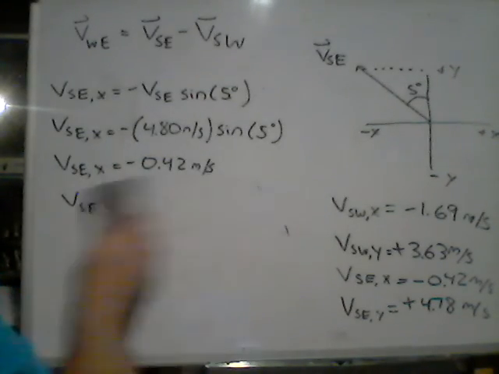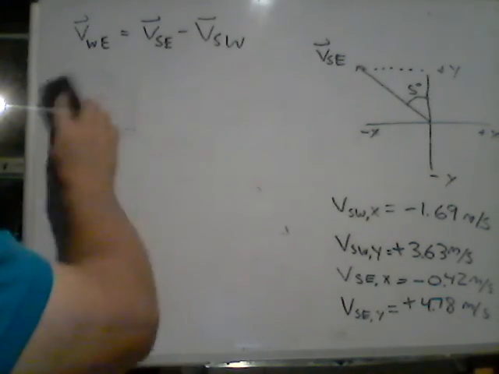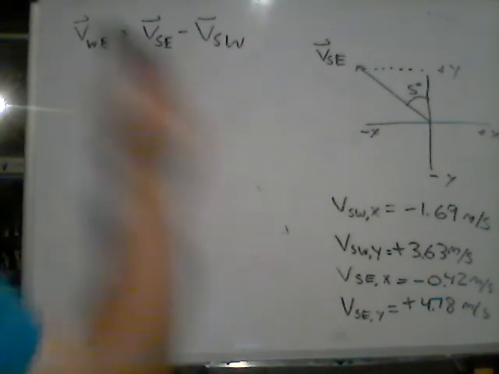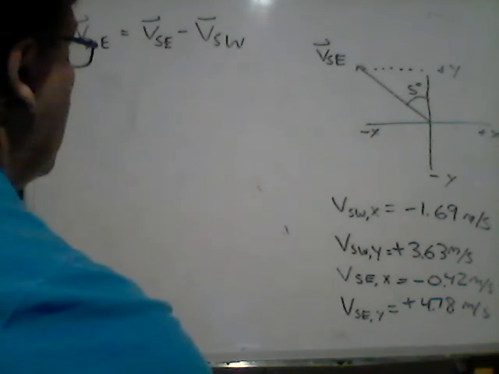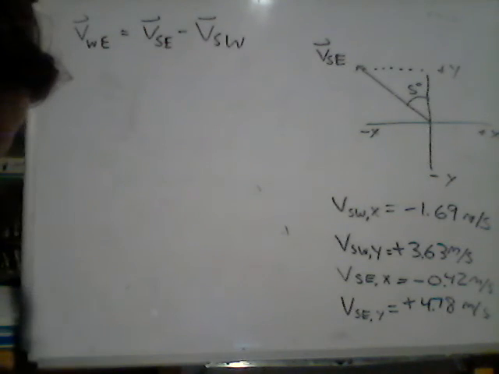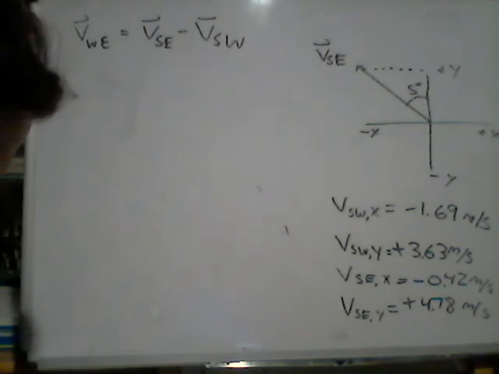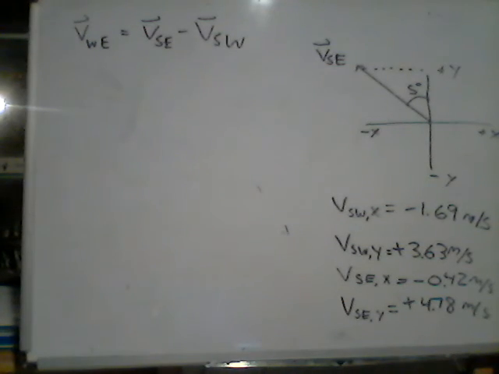All right, so now what I need to do is put everything together to find information about V sub WE. If we know V sub WE, it's V sub SE minus V sub SW, as I just got done saying.